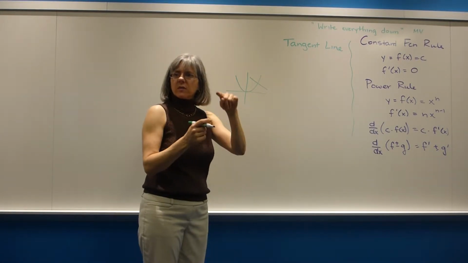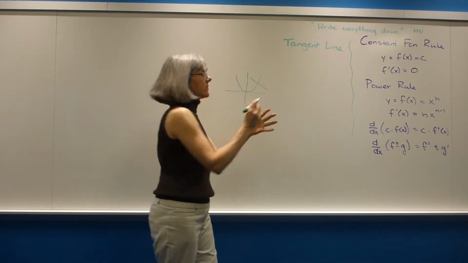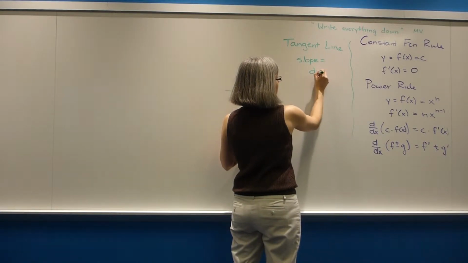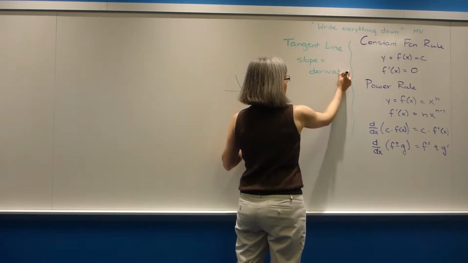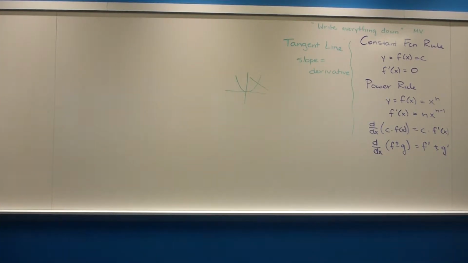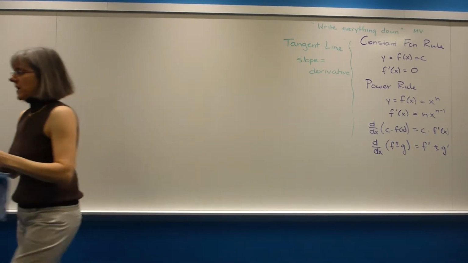The slope of the curve, the rate of change of the curve at that point, is called the derivative. So for the tangent line, the slope is equal to the derivative. So tangent, slope, derivative, those all go together. Instantaneous slope.